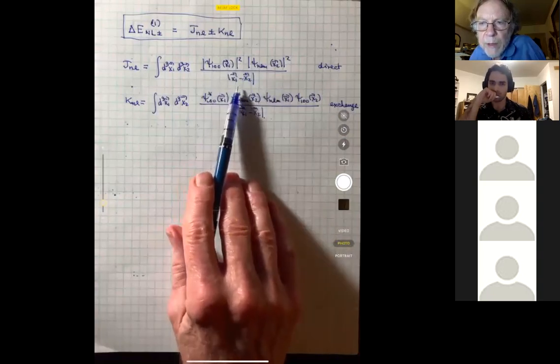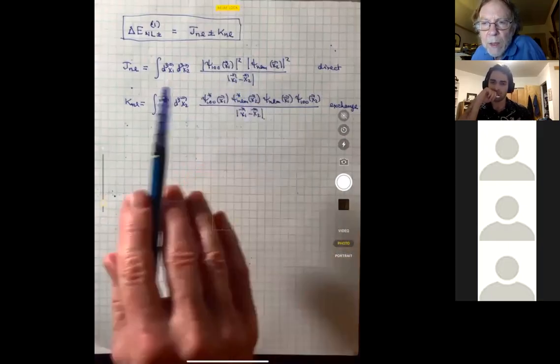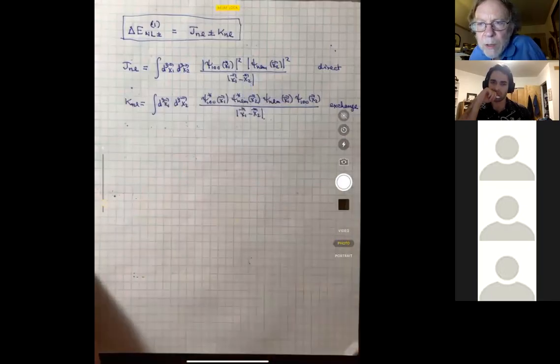That's what integrating the product of the charge densities divided by the Coulomb denominator gives you.